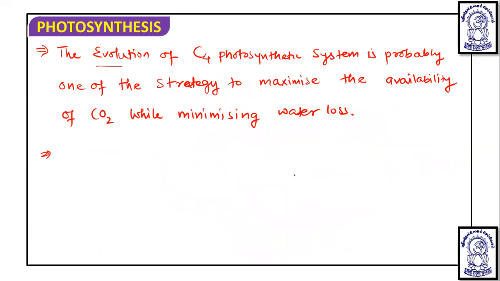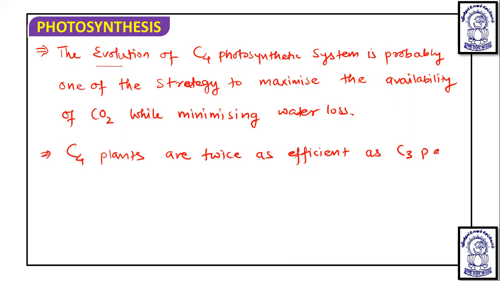So it is one of the strategies, and it is known that C4 plants are twice as efficient as C3 plants in terms of fixing carbon, that is making sugar.